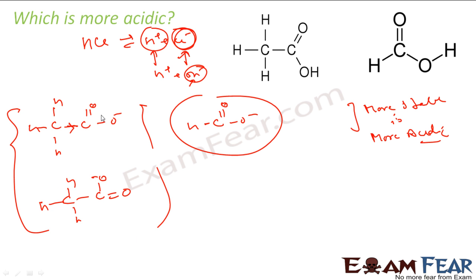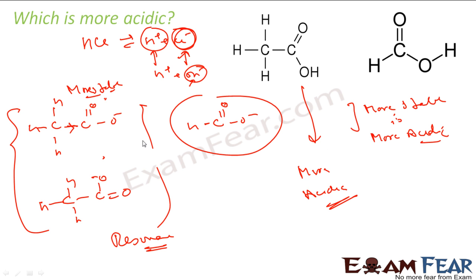So since there is resonance here, you can say that due to resonance, this guy is more stable. Correct? So this guy, my ethanoic acid, is more acidic, since it is more stable.